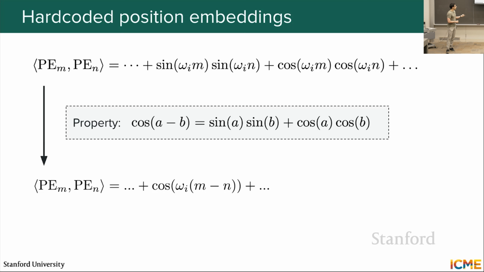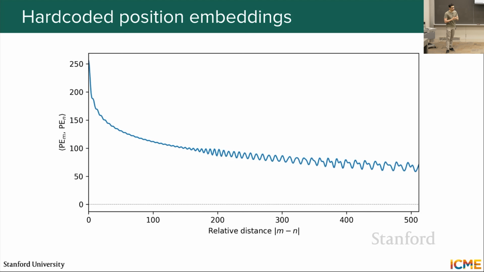So now let's take a look at when we compare positions m and n, what the dot product looks like with respect to distance. So you see that it has this natural curve that overall decreases, but it's not monotonic. It doesn't monotonically decrease, but it tends to decrease.